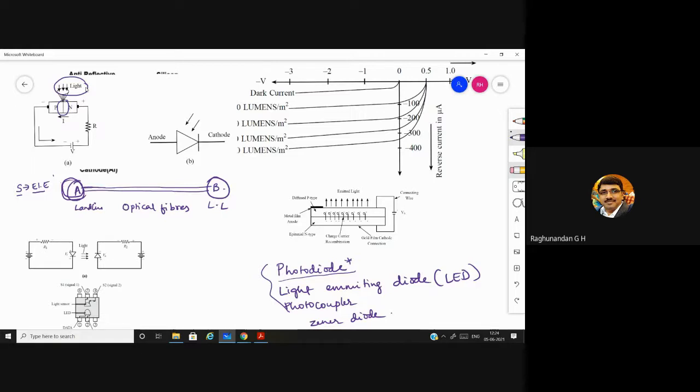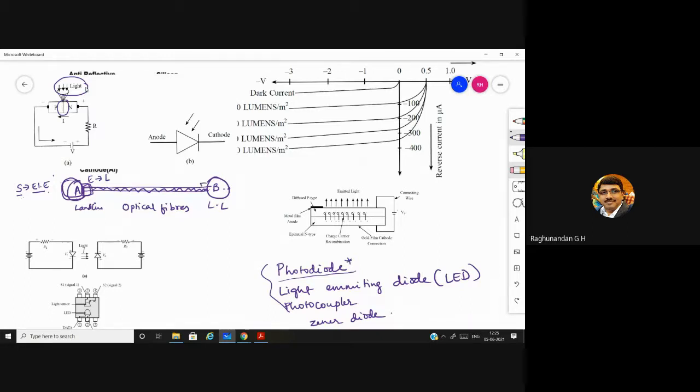The landline has converted the sound signal to electrical signal, and now it has to be transmitted to person B. Since they're using optical fibers, at this level the electrical signal has to be converted to light signal. So here we'll use a device which converts electrical signal to light signal, and because of total internal reflection, TIR, the signal is going to transmit and reach B.